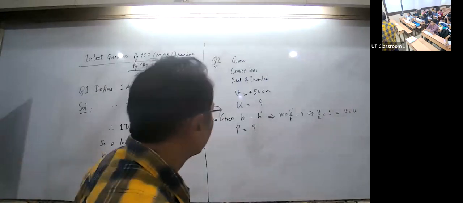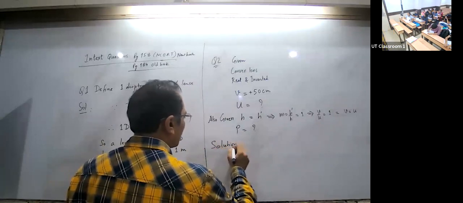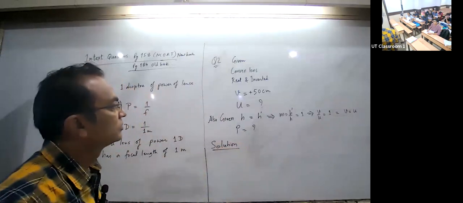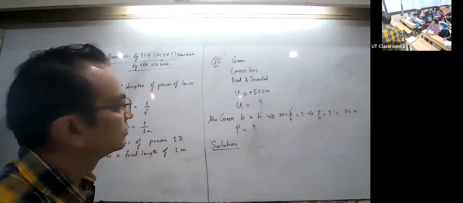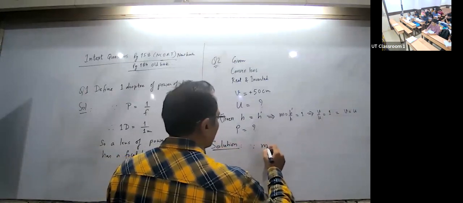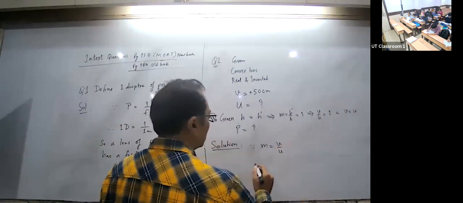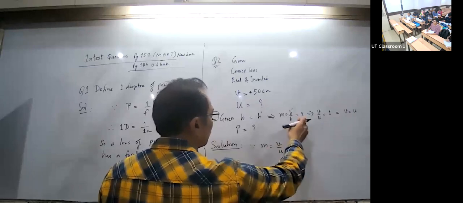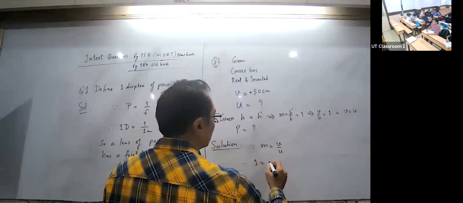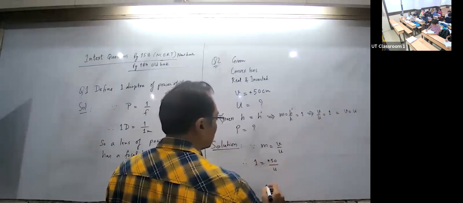Okay. So the solution. Let's see if we get it. So how do you find it? Since m is equal to v by u, and m we obtained as 1, therefore 1 is equal to plus 50 divided by u.